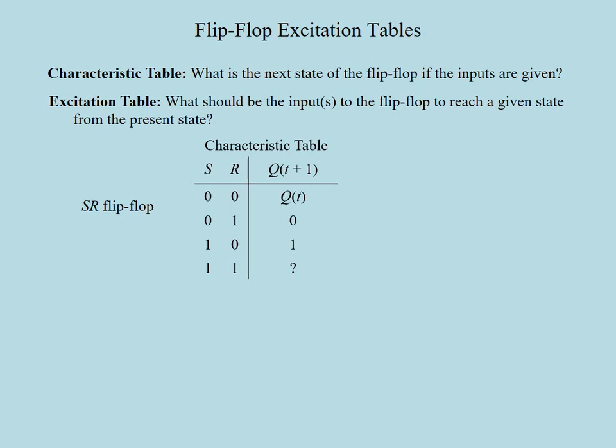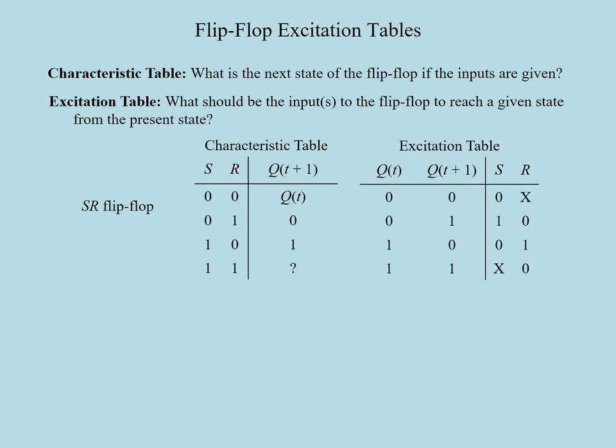If one of the inputs is 1 and the other 0, the flip-flop will set or reset its state according to the inputs. Further, if both inputs are set to 1, the next state will be indeterminate. Using this information provided by the characteristic table, we can determine the inputs required for any transition of the SR flip-flop.